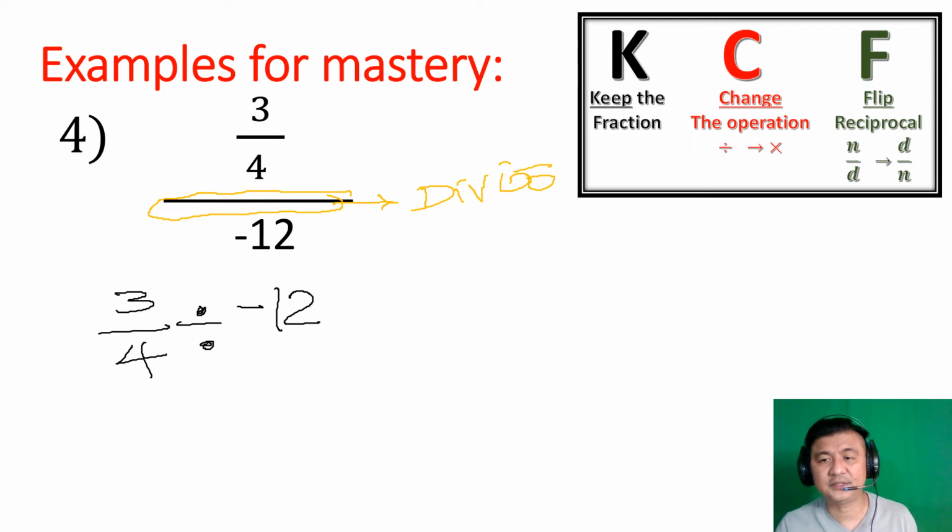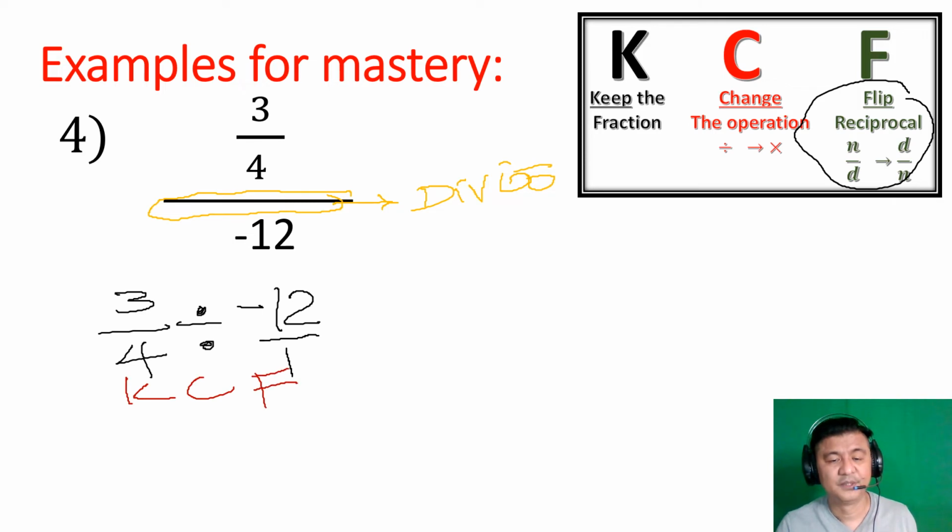Oh, I'm going to flip it later, but that doesn't have a denominator. So simple. Put a denominator of 1, just like we did a while ago, right? So write down your letters, keep, change, flip, rewrite it again, 3/4 times, flip it now, 1 over 12, okay?